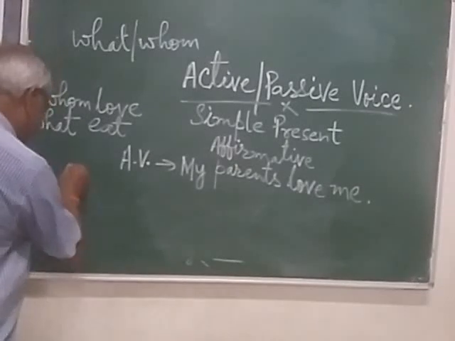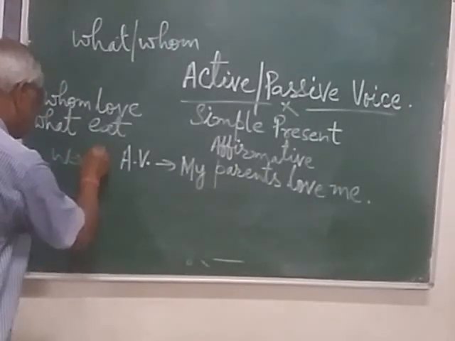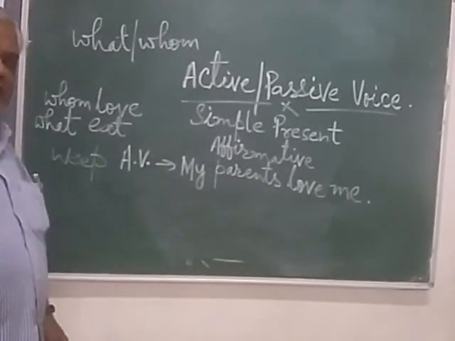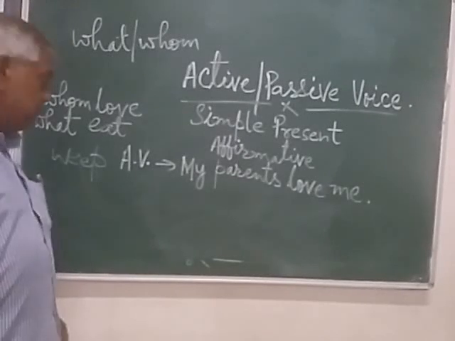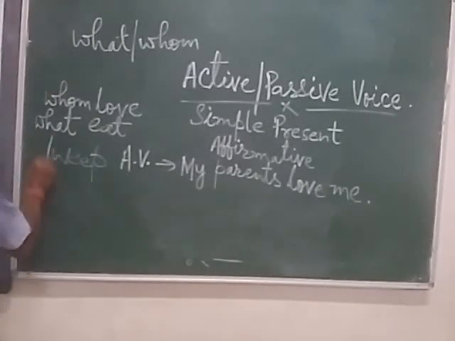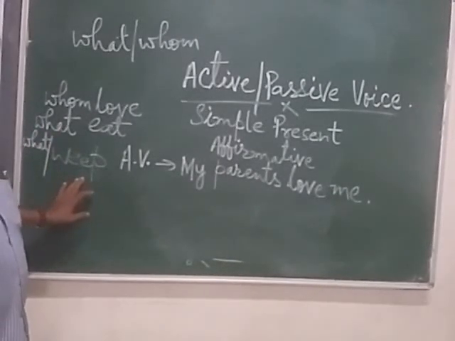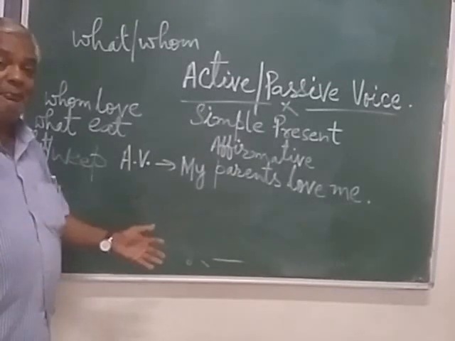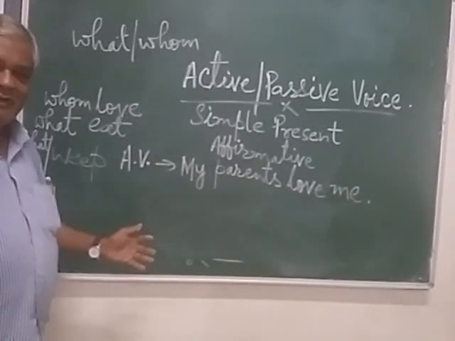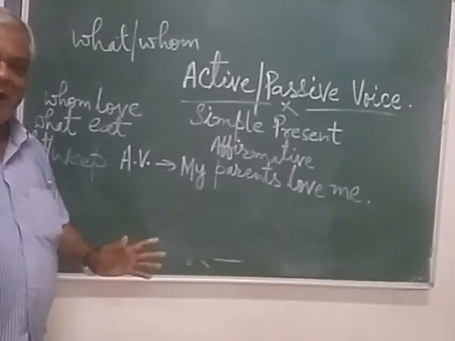But for example, if it is weep, and beforehand you apply the word what and ask the question, what weep, then the answer does not come. There is no positive reply.